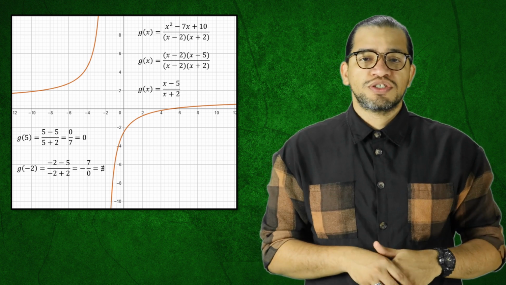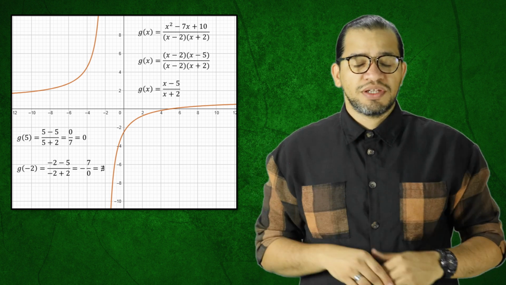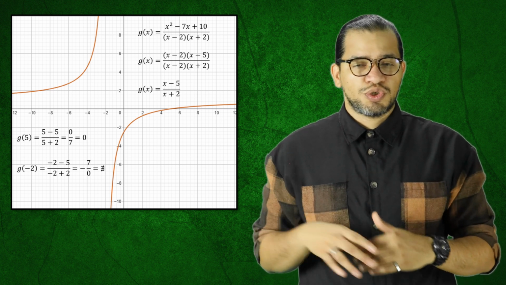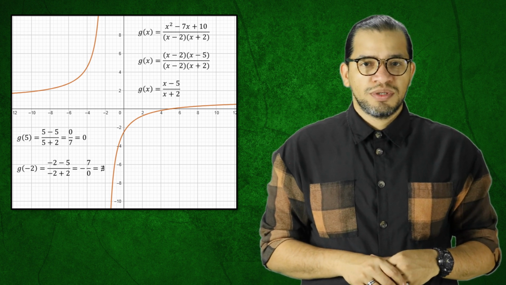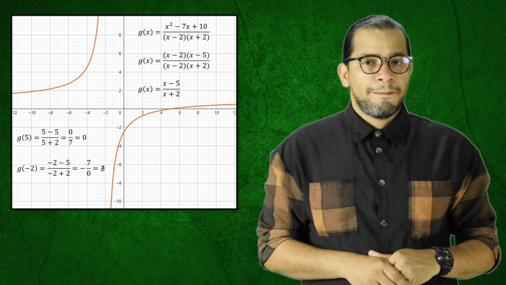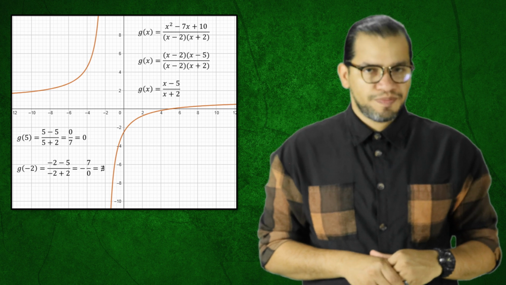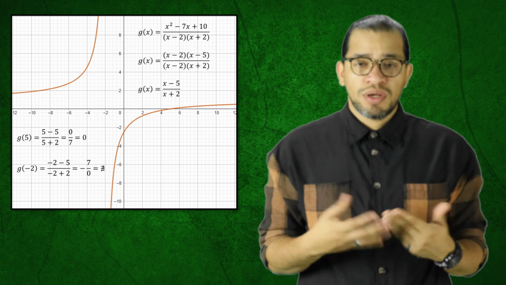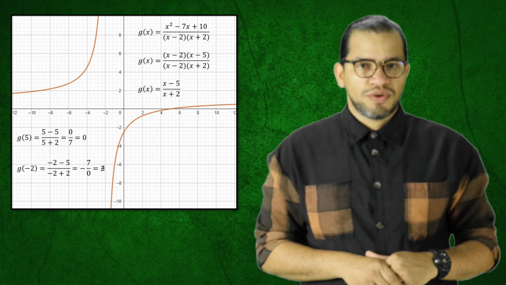So our rational function becomes x minus 2 times x minus 5 divided by x minus 2 times x plus 2. The expressions x minus 2 will cancel out. Thus, this function will be written as x minus 5 divided by x plus 2. Thus, x equal negative 2 will represent a vertical asymptote for this rational function.